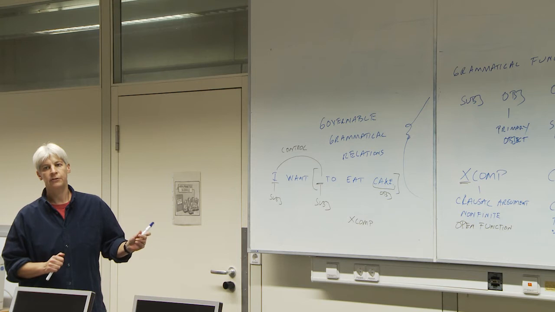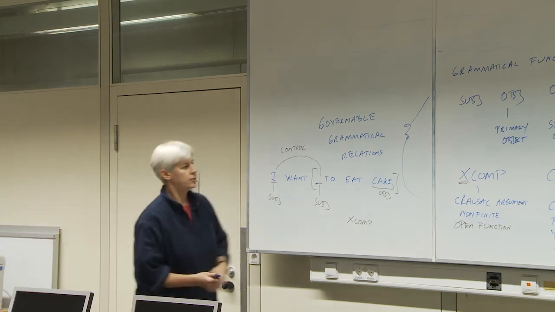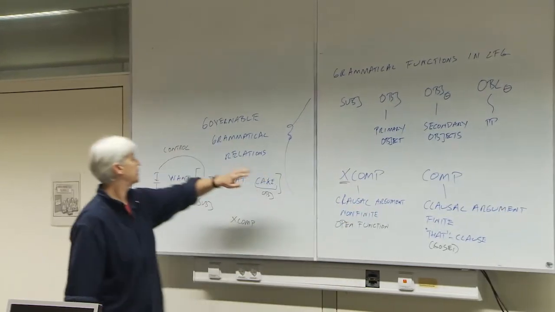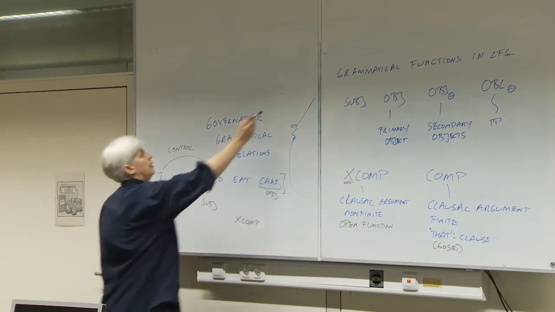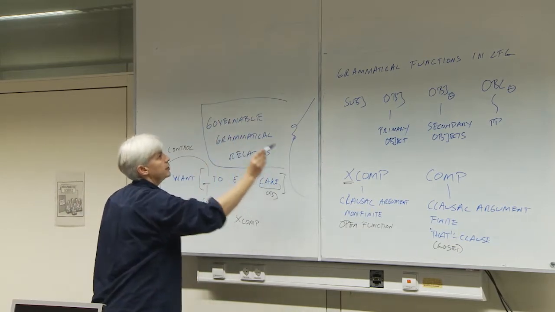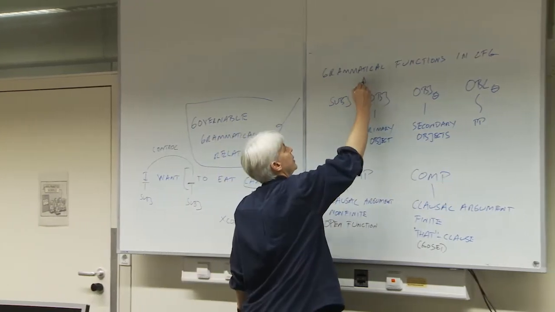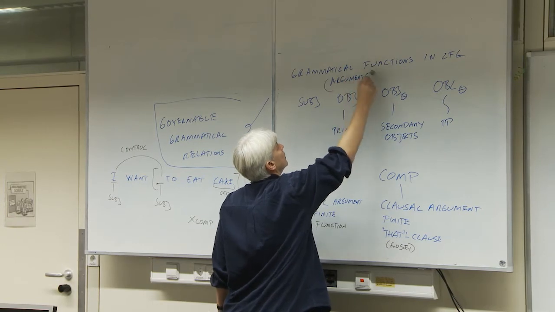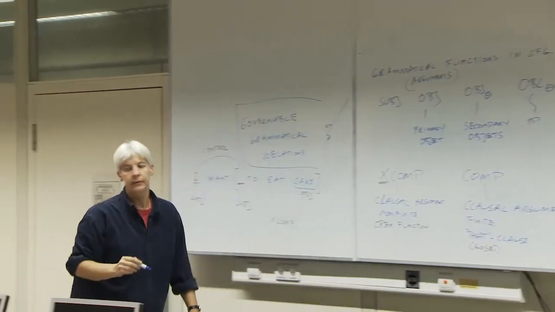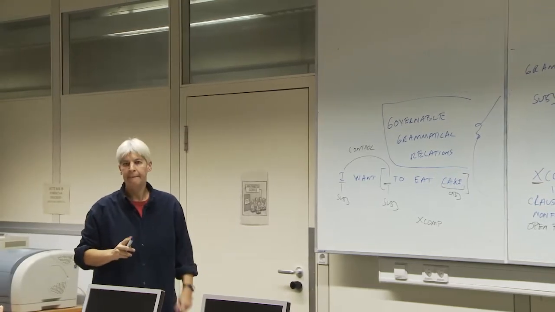But does that make sense so far? This orientation? Okay. So I've already introduced the term argument here, and I've said governable grammatical relations. All of these grammatical functions are arguments. What does that mean? Thinking back to your early linguistic training.